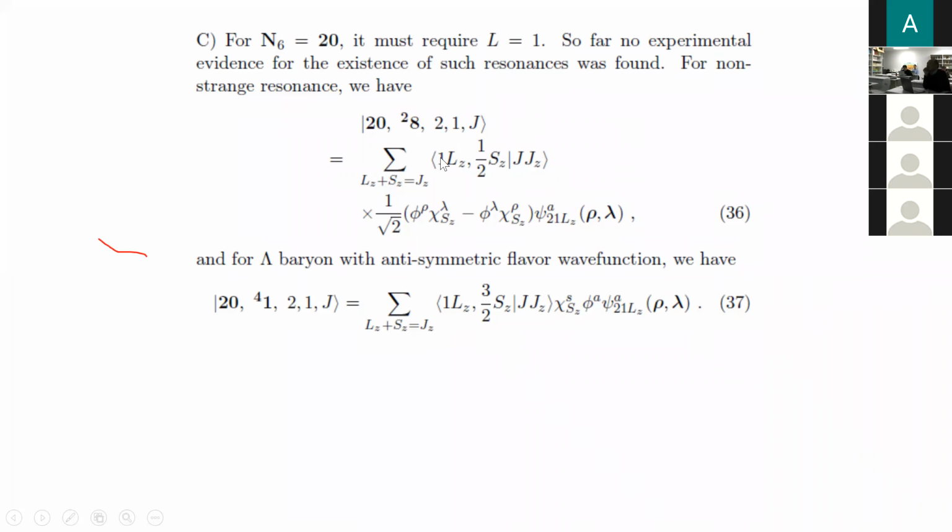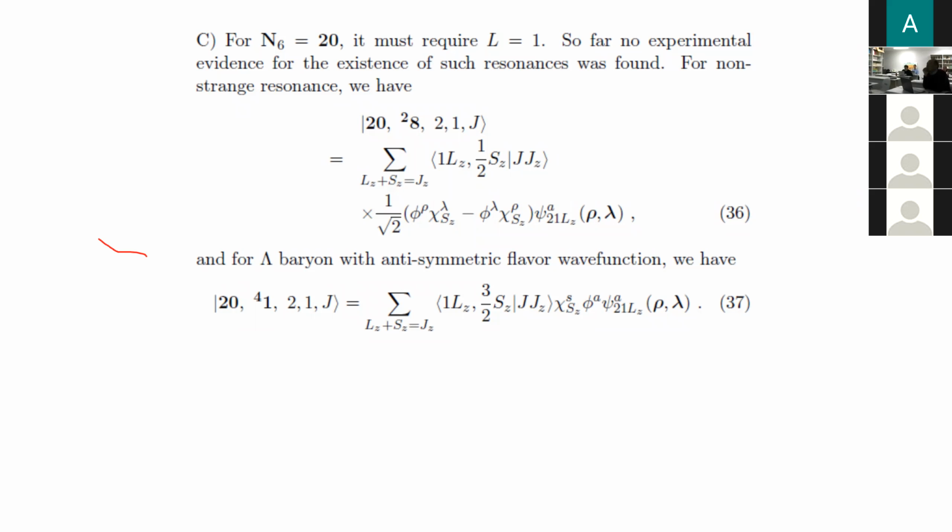So combined together, you have a symmetric total wave function, which is violating the Fermi statistics. So the 20-plet must come from excited states, where you have an anti-symmetric spatial wave function combined together to give you a symmetric spin flavor and spatial part.